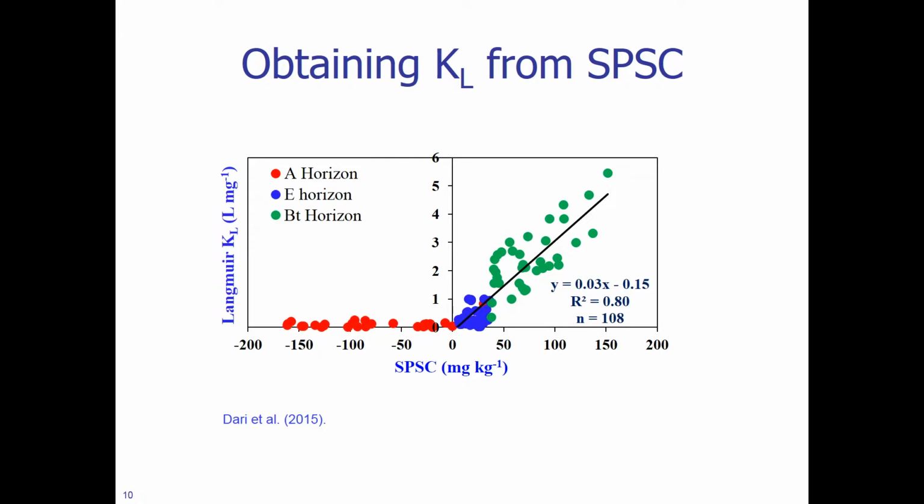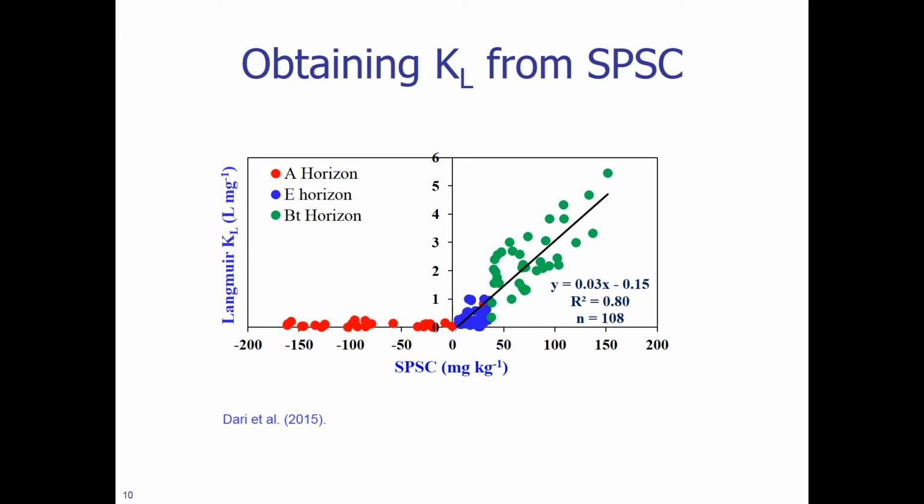But when it is positive, and we looked at PSR and KL, we noticed that there are several points that are all in the positive section, but there is no real relationship, simply because the PSR does not take into account the additional iron and aluminum that's present in the soil, and that is taken care of for SPSC.